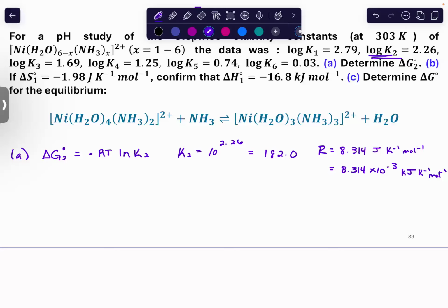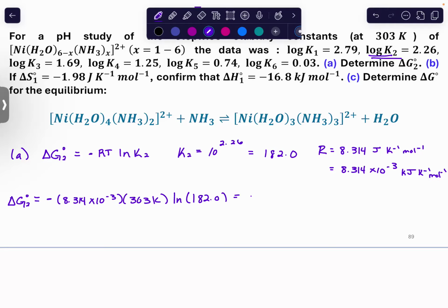And so then my delta G is negative 8.314 times 10 to the negative third, times 303 Kelvin, times the natural log of 182.